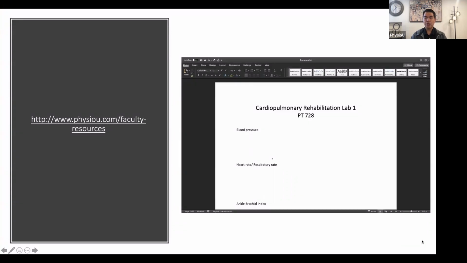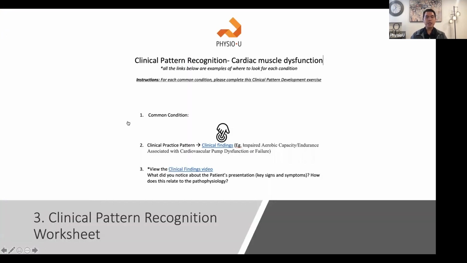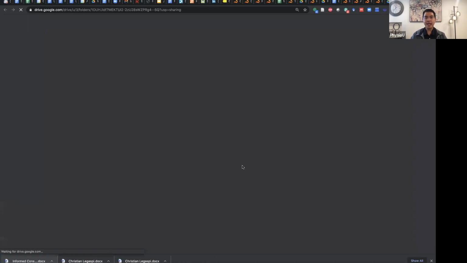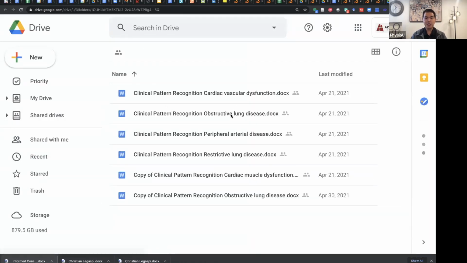So let me move on here. You also notice the clinical pattern recognition worksheets. I have found this to be invaluable. I think this can be useful for your students as well. It's homework, but it's actually cool because it's linked to an app. So instead of having them dig around in a textbook, they're actually watching videos that help them, right? That help them to discover the patient.